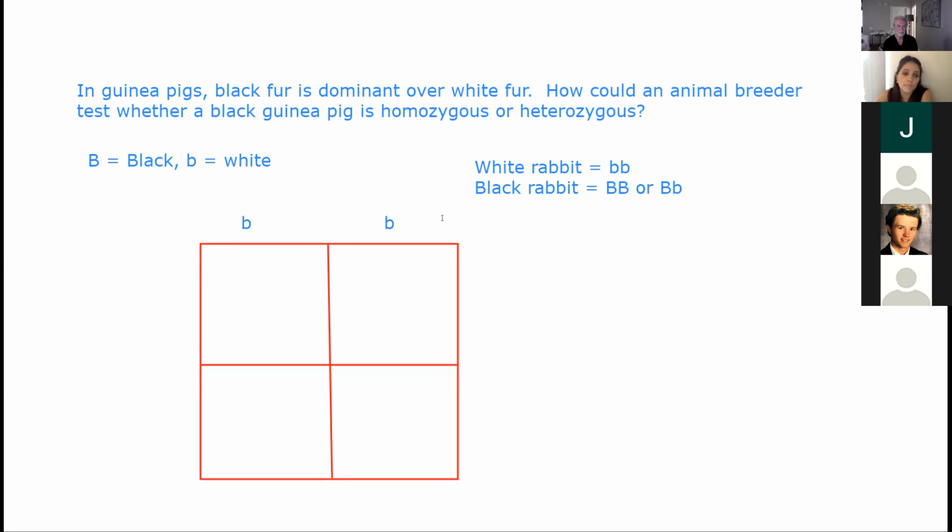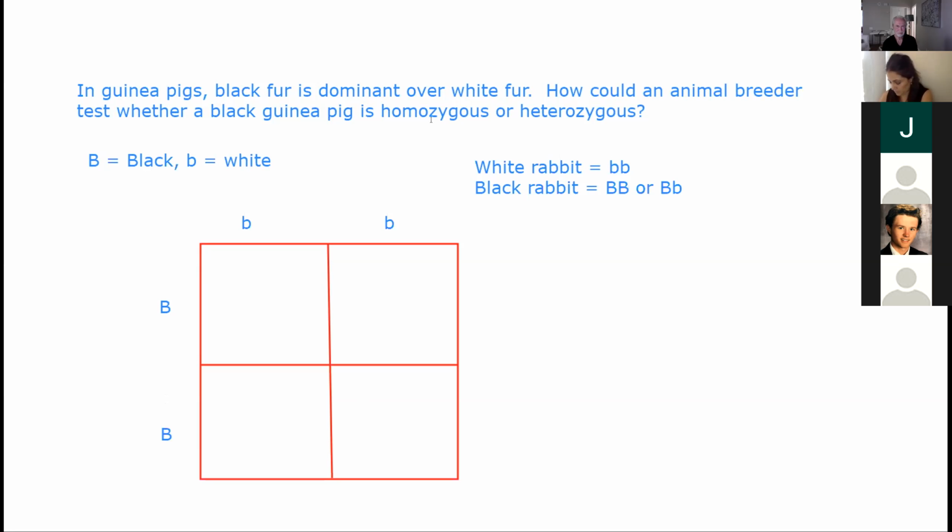The white. And then over here, we would actually end up setting up 2 different Punnett squares. It could either be that, or what else could it be? It could be a big B, or it could be a big B and a what? A little b.